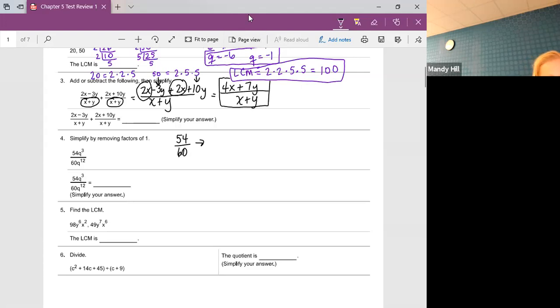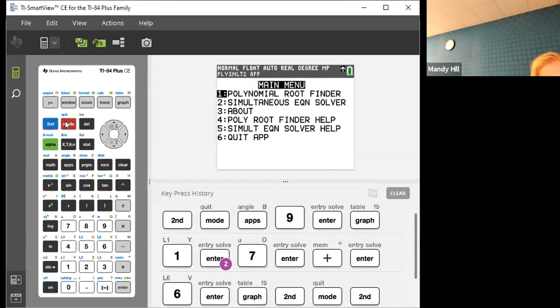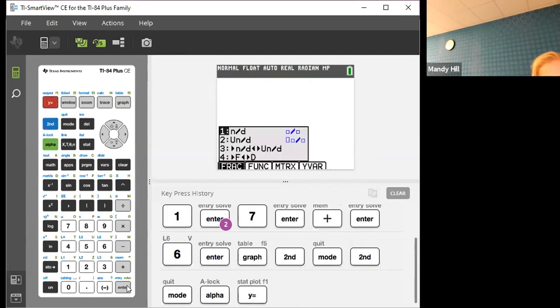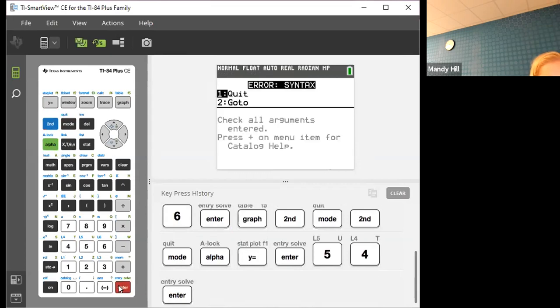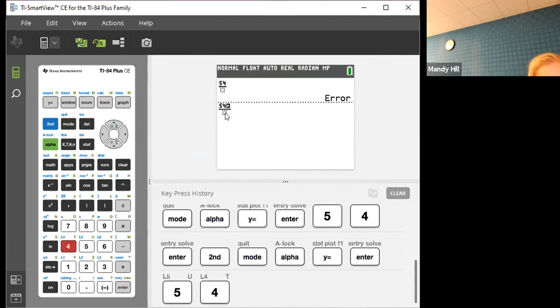But I just want to make sure you know that if we go to our graphing calculator, getting out of this screen, and I just type in alpha y equals to get my fraction to come up, enter, and our fraction was 54, and use your arrow to get down to the bottom, over 60, and we hit enter.